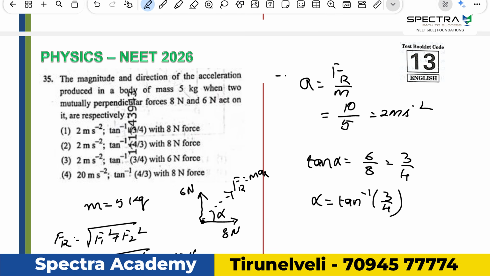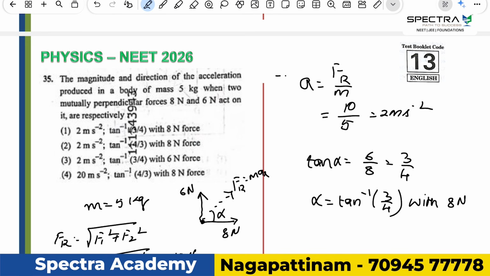Hence we can select acceleration is 2 meter per second square and the angle is tan inverse of 3 by 4. That is option 1 as the right answer.